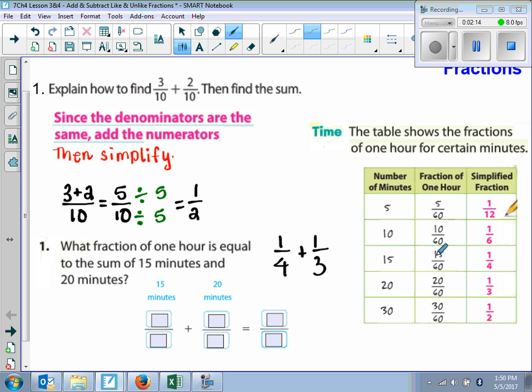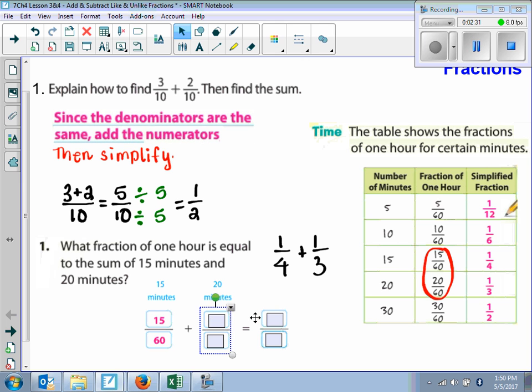If I'm going to use these fractions, because now those fractions have common denominators, then we can add them together. So 15 minutes is 15 out of 60, and 20 minutes is 20 out of 60. When we add this together, we get 35 out of 60, right?